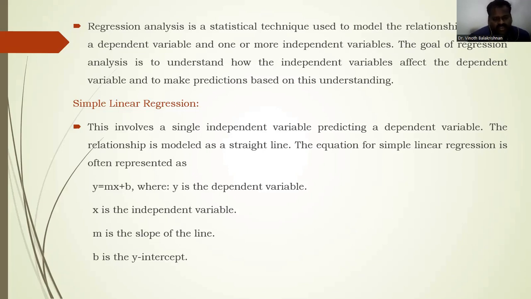This is the model equation: y equals mx plus b. Here y indicates the dependent variable and x denotes the independent variable. m is the slope and b is the intercept. So this is the general model.